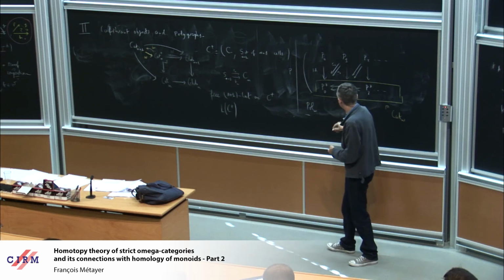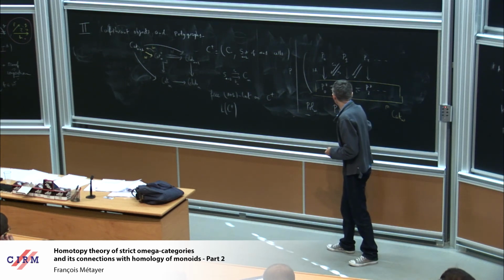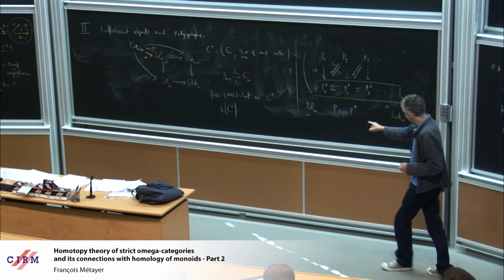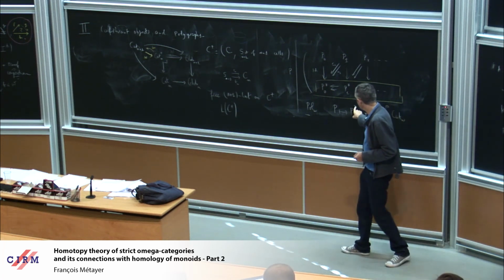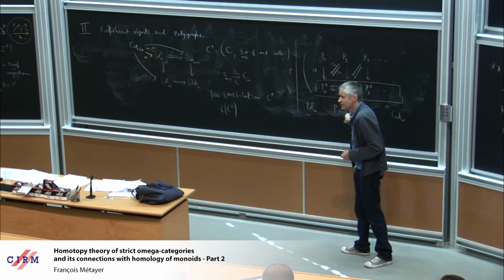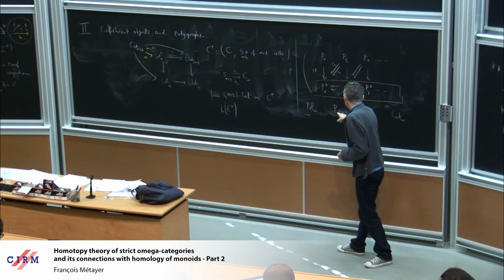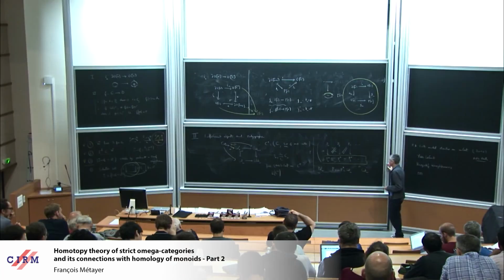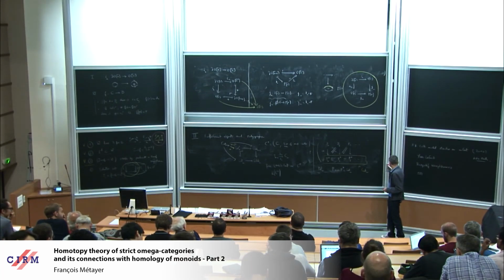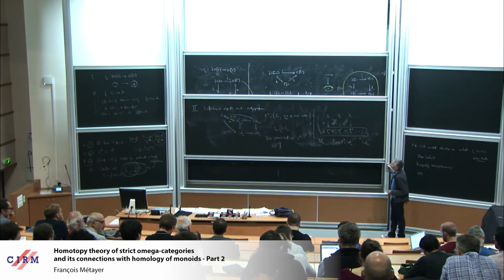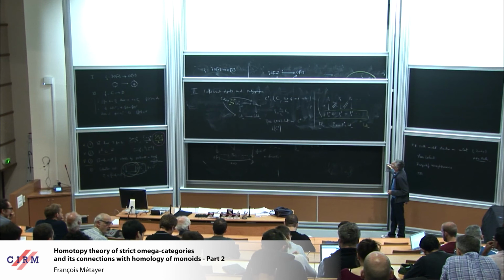So if you have P, then you can attach to P star, so the free category generated on this polygraph here, in cat omega. That's a quick view of what a polygraph looks like.